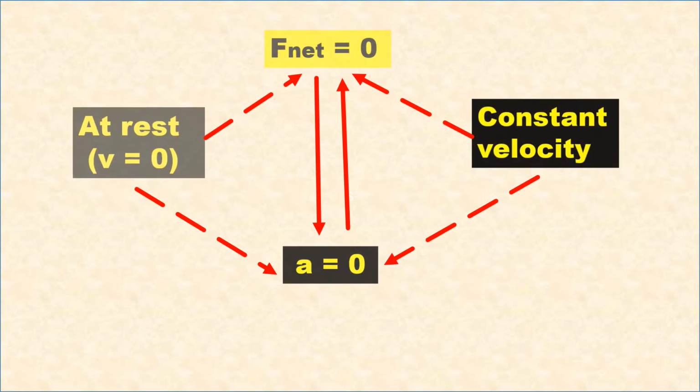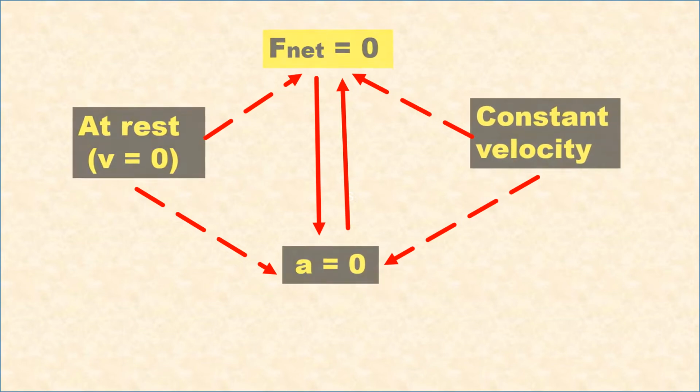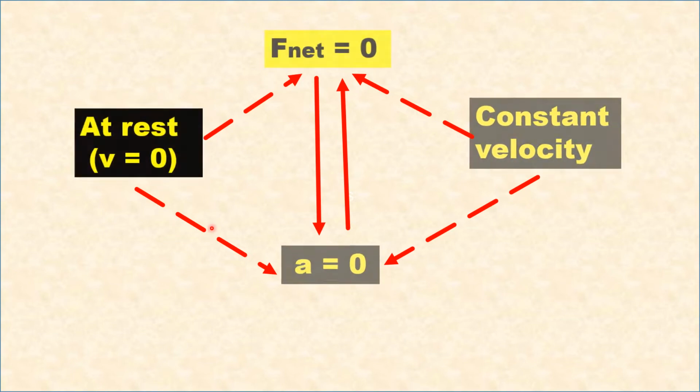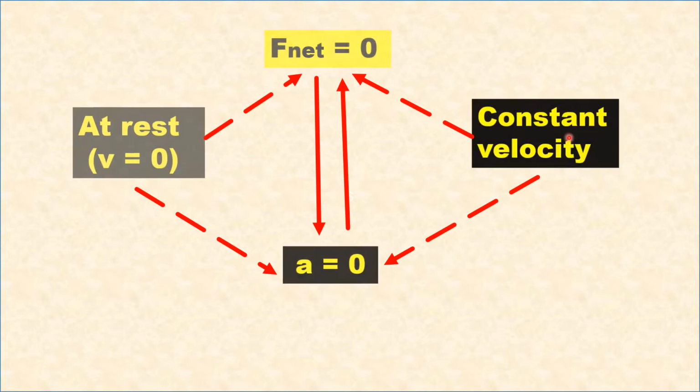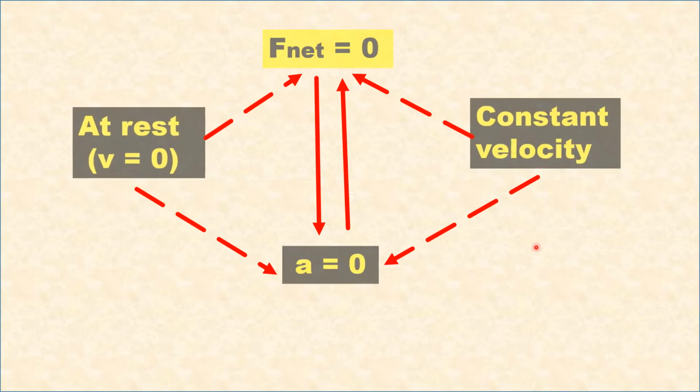So between at rest and acceleration equals 0, we do not have a two-way arrow. It's just from at rest going to a equals 0. Likewise, for constant velocity, we only have a one-way arrow. I hope the explanation for question number 1 is clear.